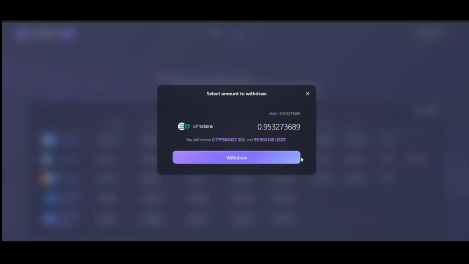Now, I want to bring up a point in relation to this. It's generally not a good idea to withdraw your assets soon after you've deposited them. The reason is that the shorter the amount of time you have deposited, the less time you have to generate trading fees and also market making profit.